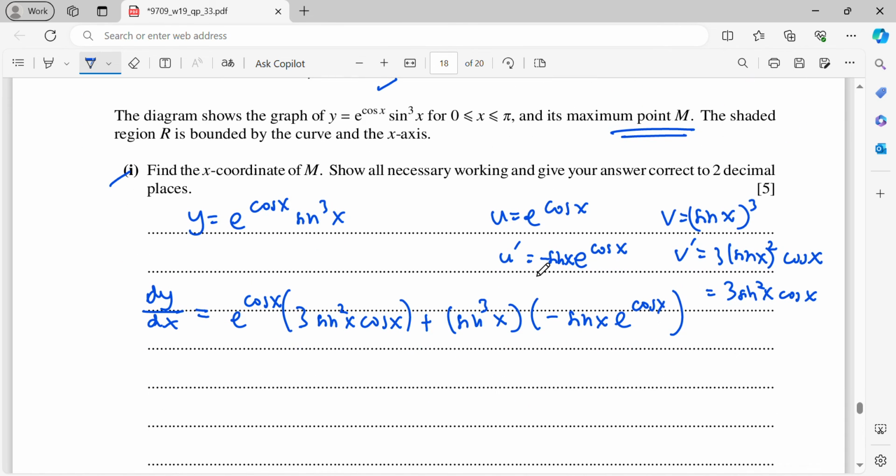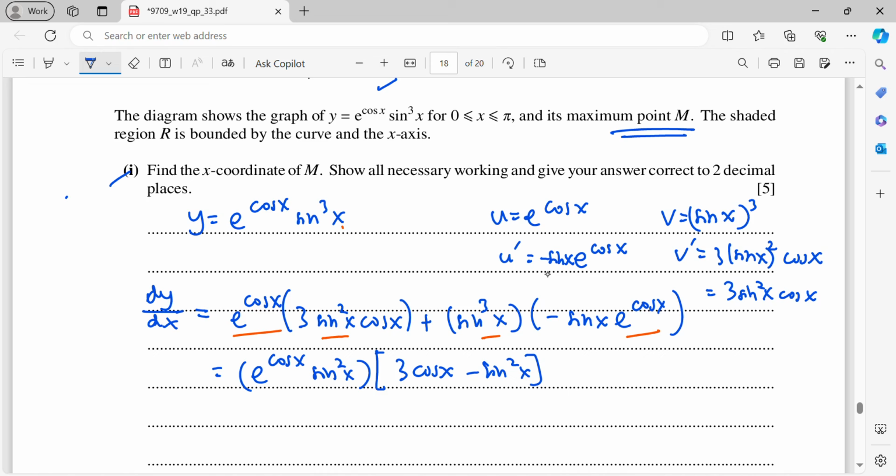That is my dy/dx. And now you need to get the maximum point, which means dy/dx equals 0. From here, I know that the common term is the exponential. Here I have sine squared, so I can factorize sine squared. The common term is e^(cos x) sine squared x. Then you will be getting 3 cos x minus sine squared x, the second term left.